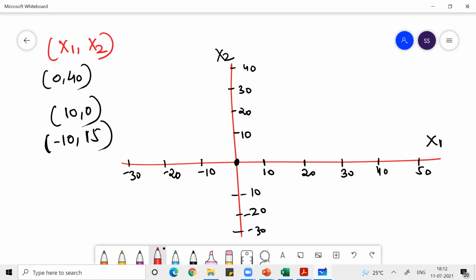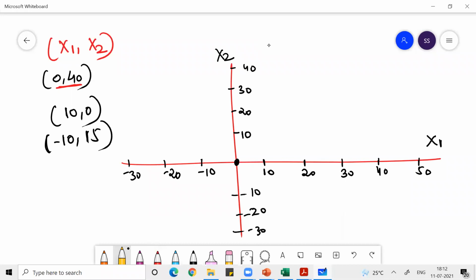The next one you write is your x2 coordinate. That is the way we learn coordinate geometry. So the first one is 0, 40.